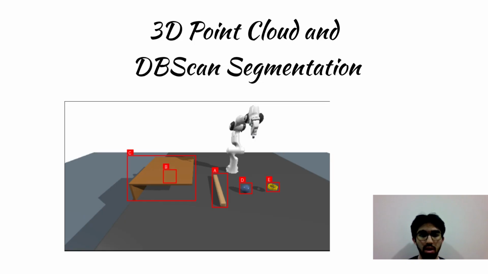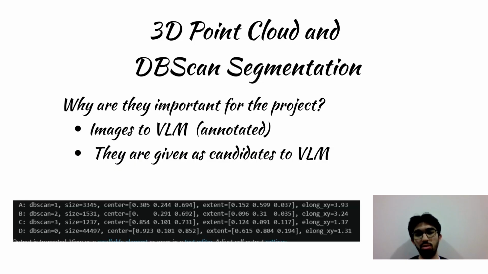around them. So why are these steps so important for our project? Because we provide these annotated images and the cluster data directly to the VLM, so that the VLM can decide which tool to use. We basically give these labeled objects as candidates to the VLM.